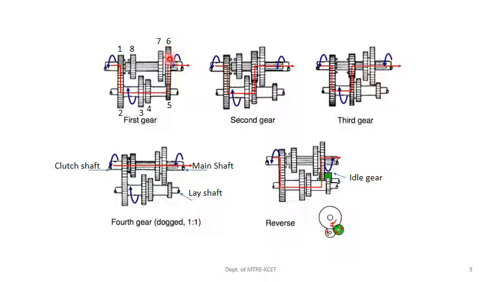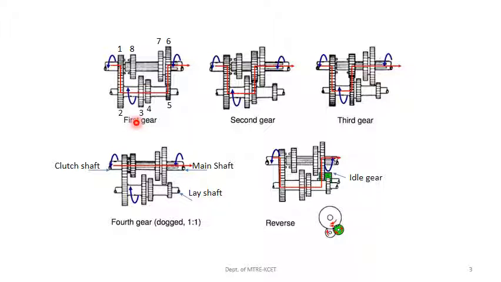So we achieve a 4:1 ratio. For example, if the engine develops 4000 rpm, your wheel rotates at 1000 rpm only. So we get more torque in this first gear.